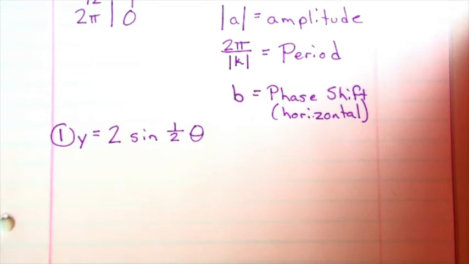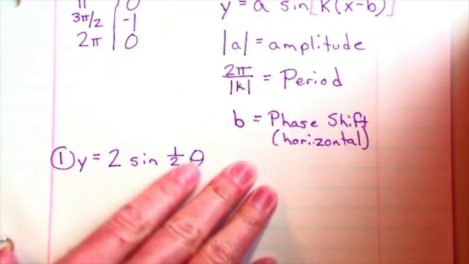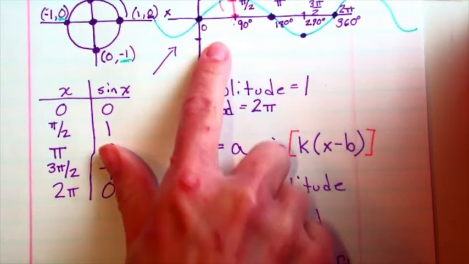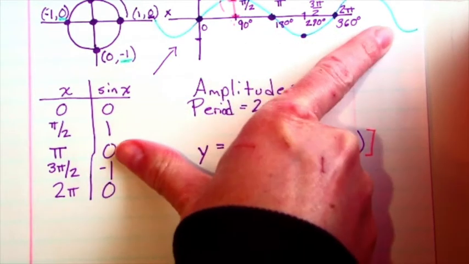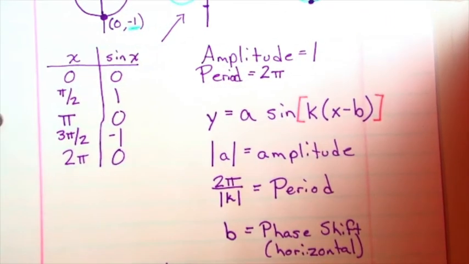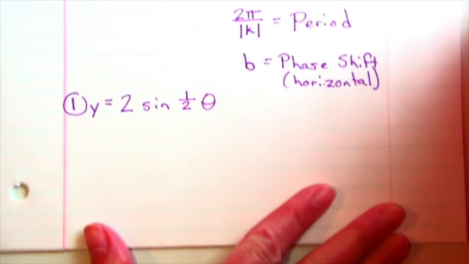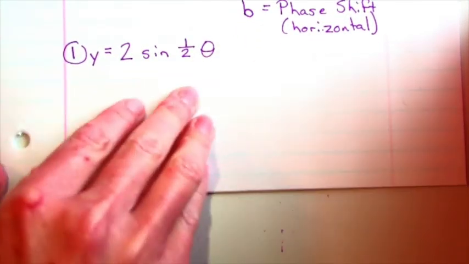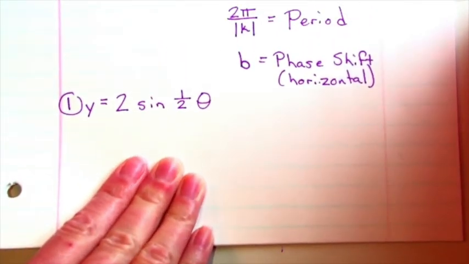But we need to know this specific information, the amplitude, the period, what the phase shift is, and we want to be able to sketch it by hand, because on your calculator, the x-axis is just labeled in numbers, but whenever we actually graph this, we want the x-axis to be labeled as angles. Okay, so it's going to change the way our graph looks just a little bit. Not the shape of it, but just the information that we already know.